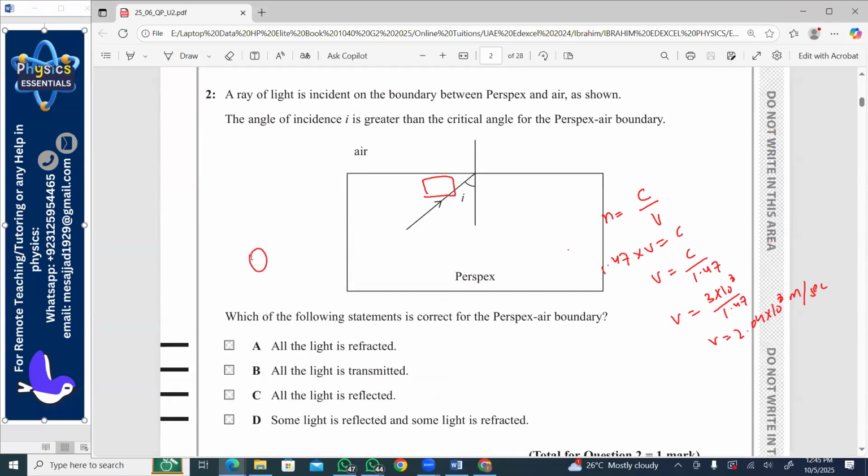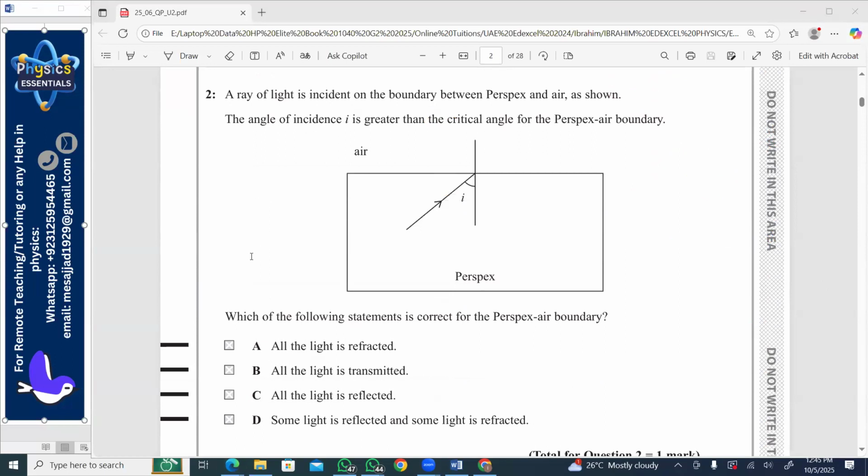Okay, so a ray of light is incident on the boundary between the perspex and the air, as shown. The angle of incidence i is greater than the critical angle for the perspex air boundary.